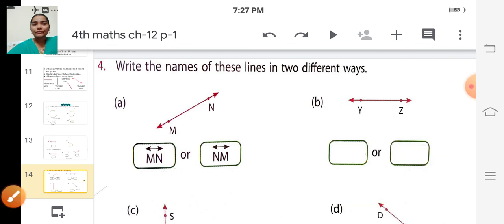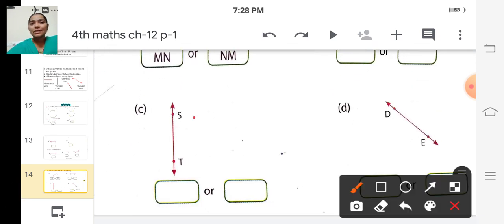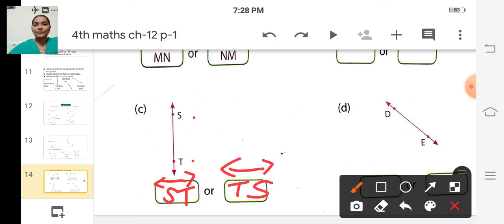And the next one, ST. So we can write it as ST, and you have to put arrowheads on both sides, or TS. You have to put arrowheads on both sides.